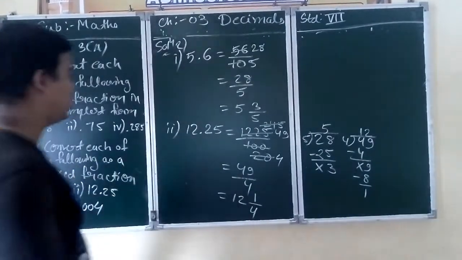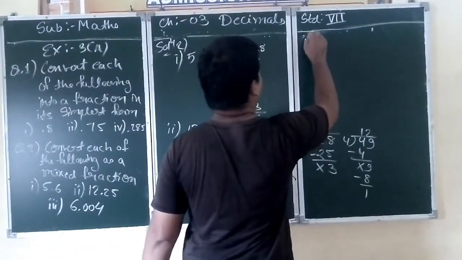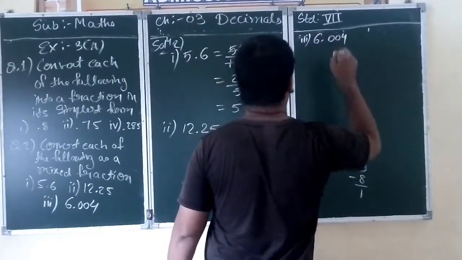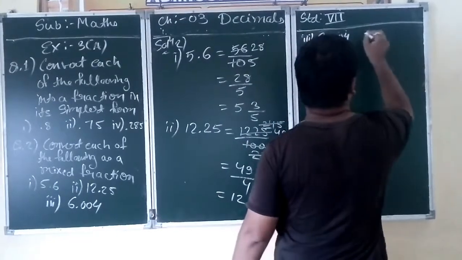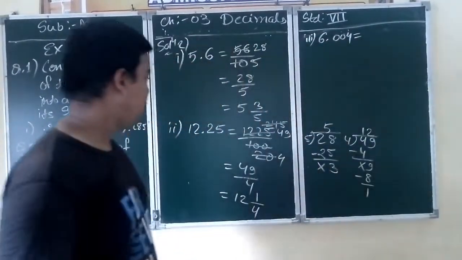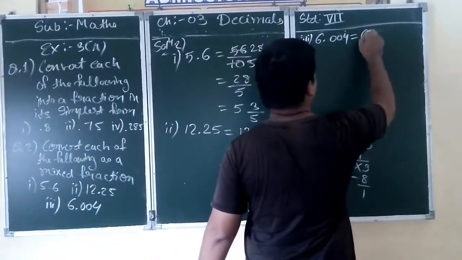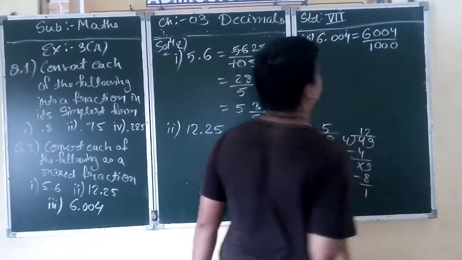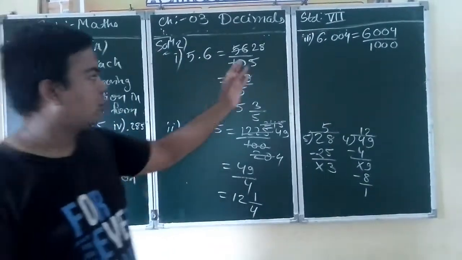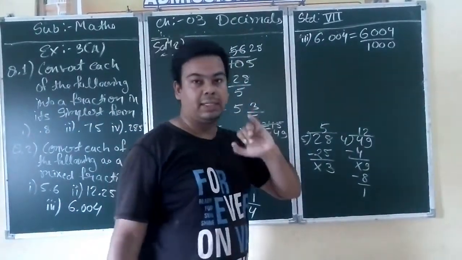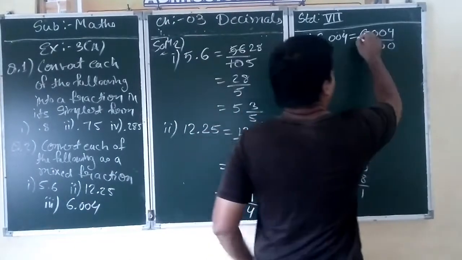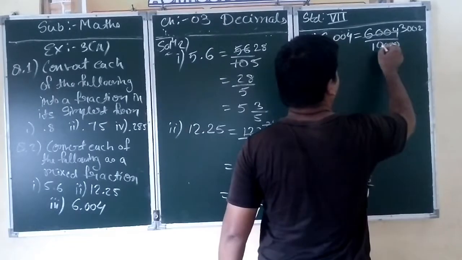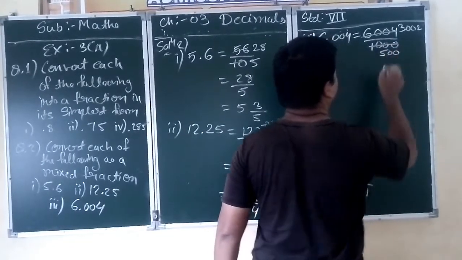Then the next question is question third, 6.004. 6.004 we write in a fraction first. So 6004 by 1000, because after the decimal point 3 digits are there. 2 3s are 6, 0, 0, 2 2s are 4, 2 5s are 10, 0.